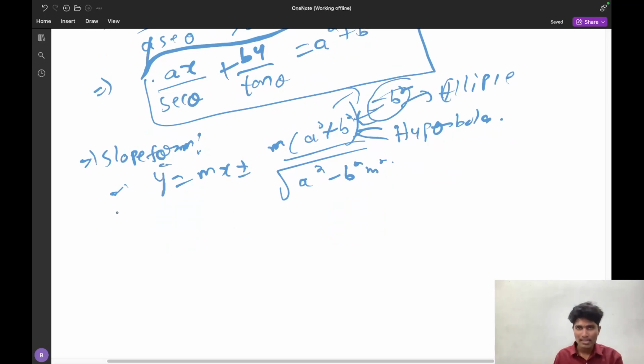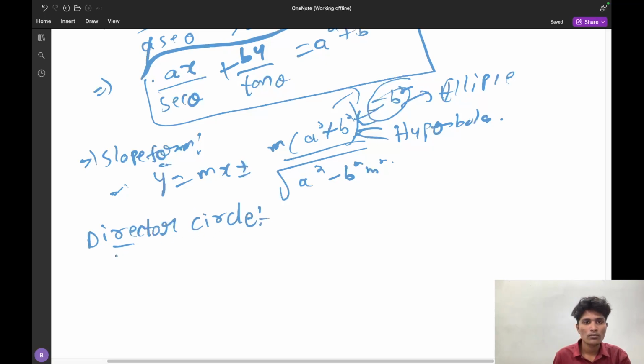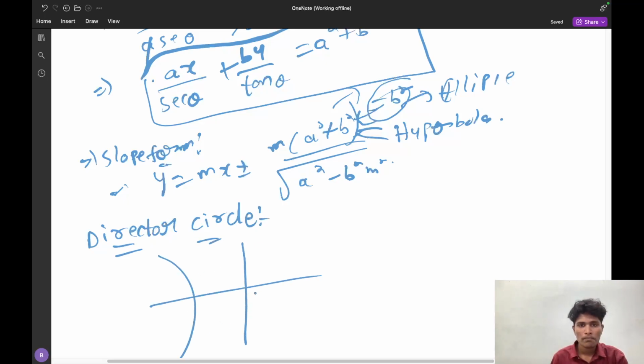So I have discussed the tangent and normals. Now let's discuss the important thing: the director circle. What is the director circle? The director circle is nothing but, suppose this is the hyperbola.